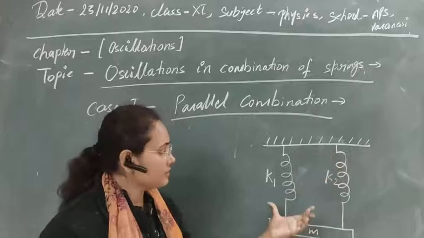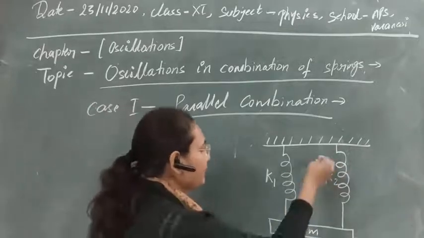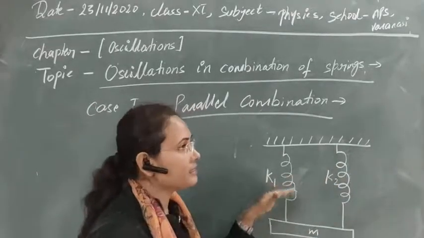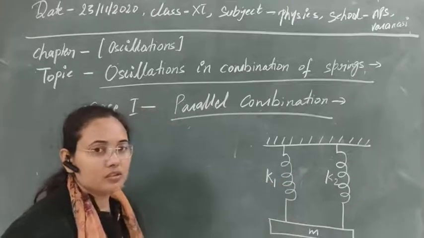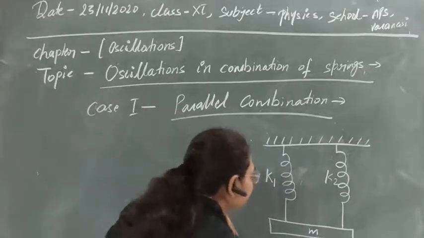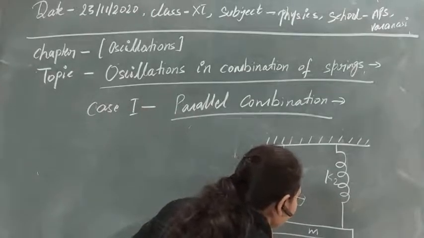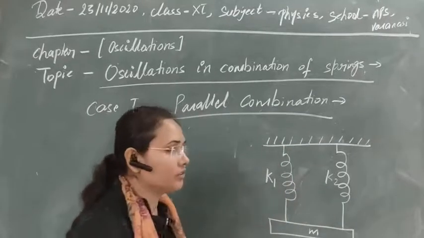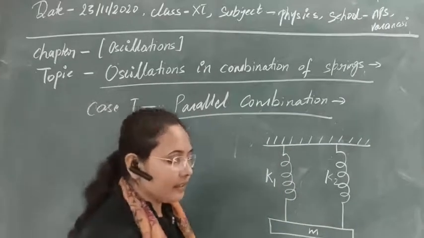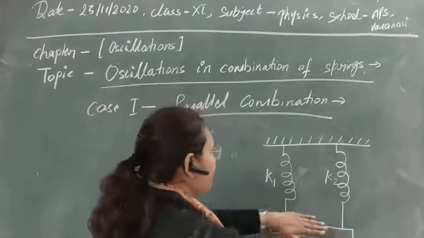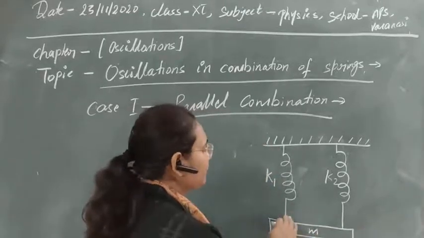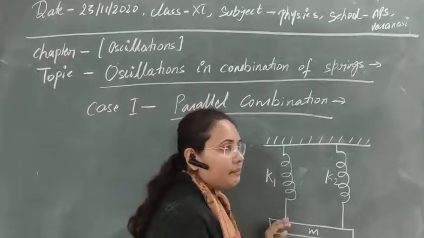Simply this is the parallel combination, and obviously, as you are seeing, this is in a vertical way, so its weight will act in the downward direction. Clear? So when we combine these two, first of all let's suppose that we are not attaching any mass to it.